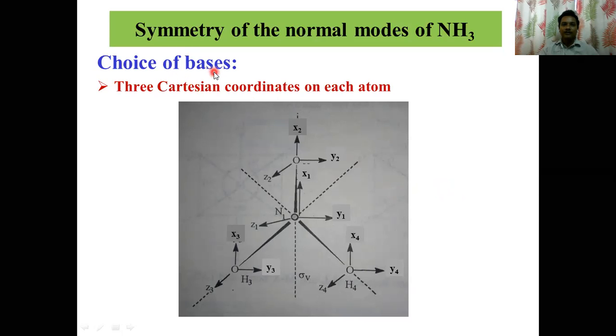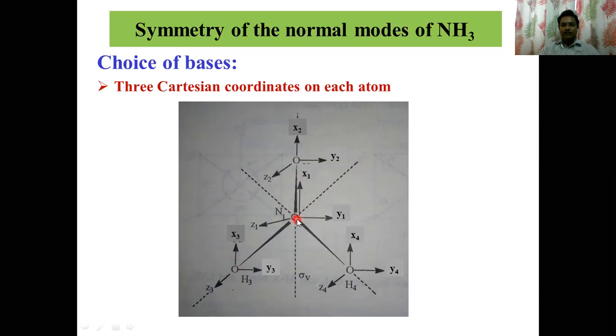One of the bases is the Cartesian coordinates on each atom. Like here, this is the nitrogen. You have X1, Y1, and Z1. Like this on each atom, this hydrogen and this hydrogen, all of them are going to have Cartesian coordinates, right?